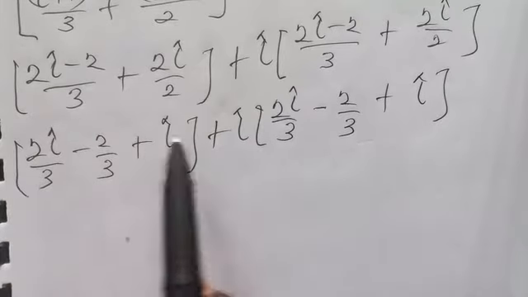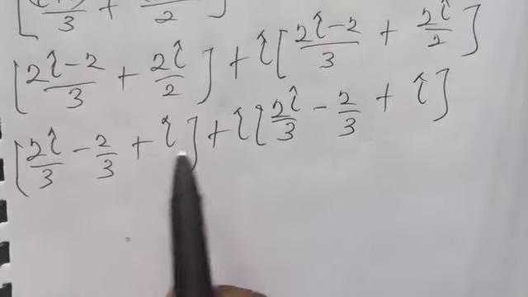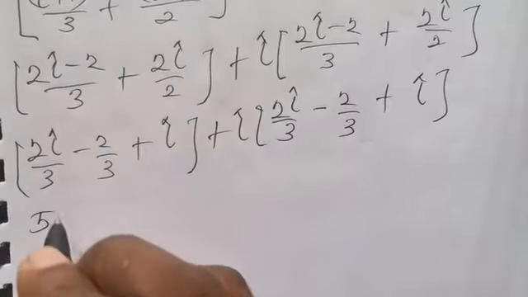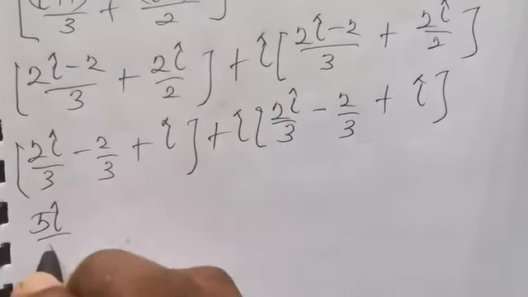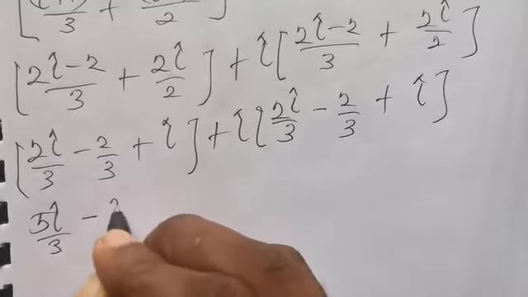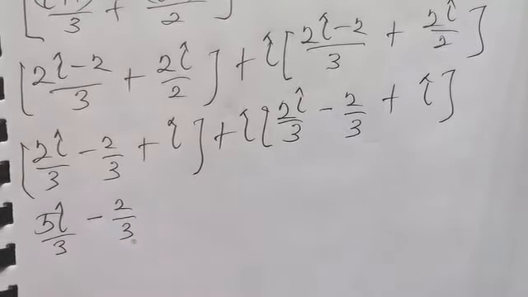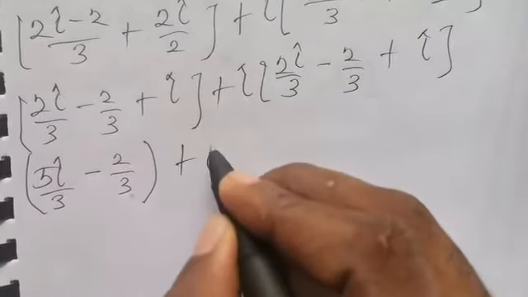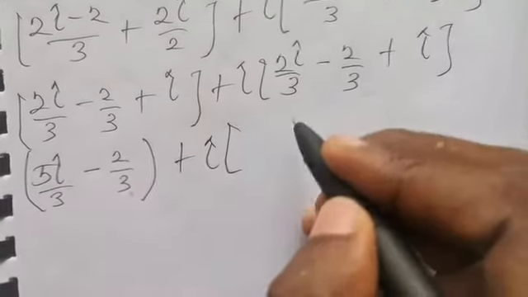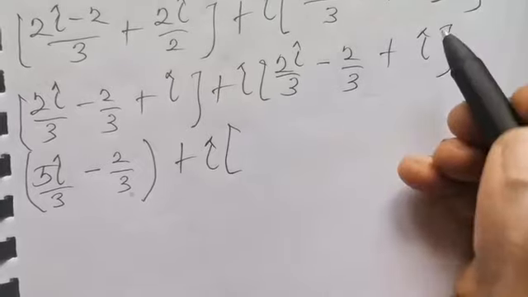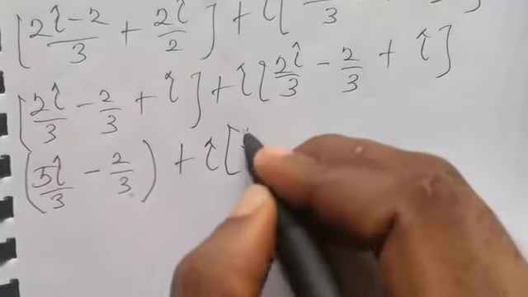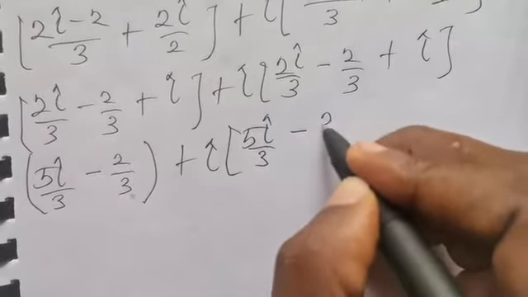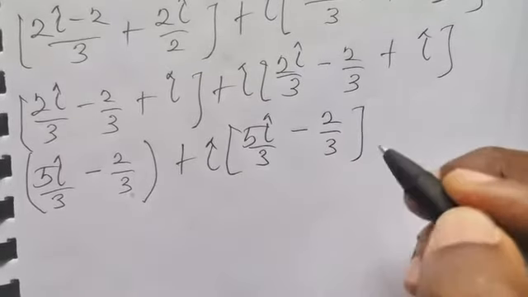We're adding, of course, the imaginary parts now. 2i/3 plus i gives us 5i/3 minus 2/3. So this plus i times, similarly, 2i/3 plus i, that gives us 5i/3, minus 2/3.